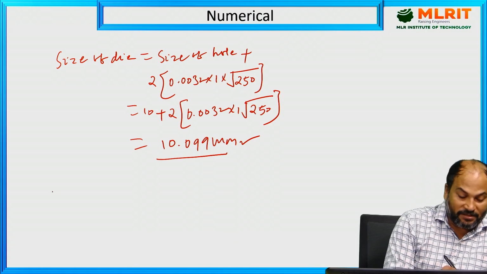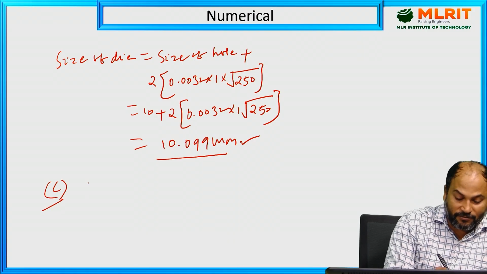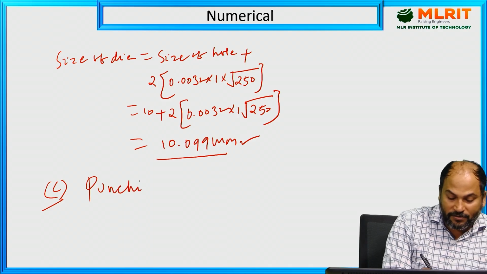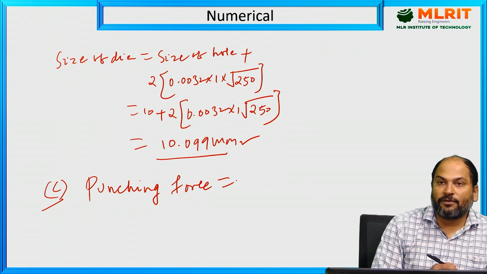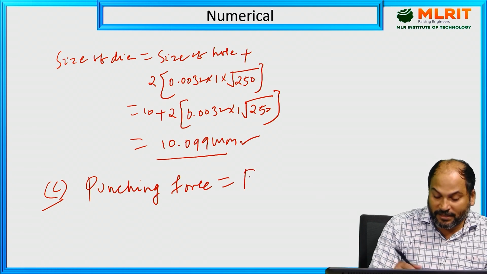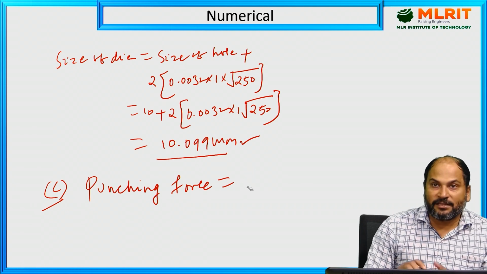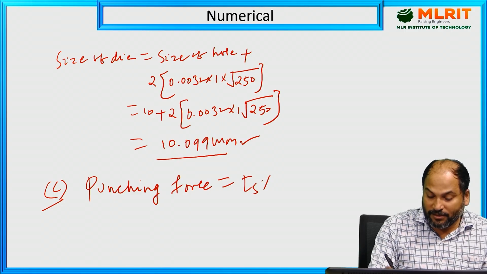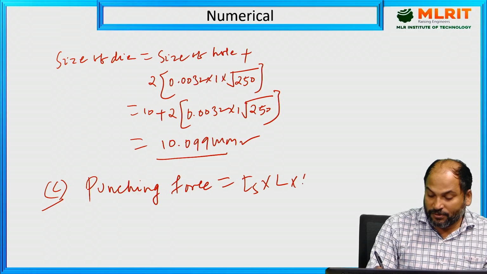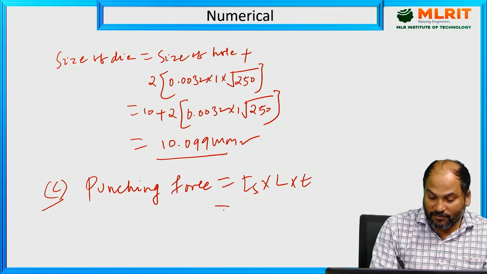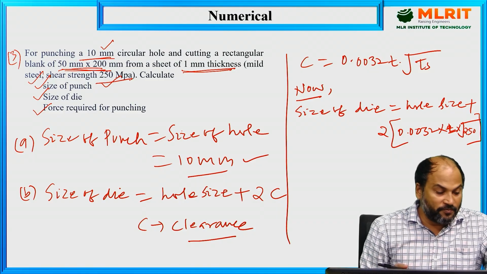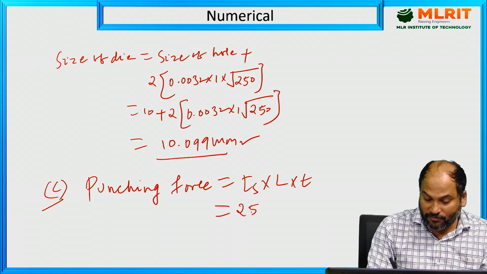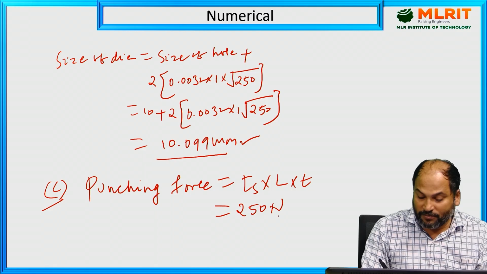Now we have to calculate the punching force. We already know the formula for the punching force: the shear strength of the material, tau s, into perimeter into thickness of the blank. Just put in the values. The shear stress is given in the problem as 250 megapascal, which means Newton per mm square, into the perimeter.